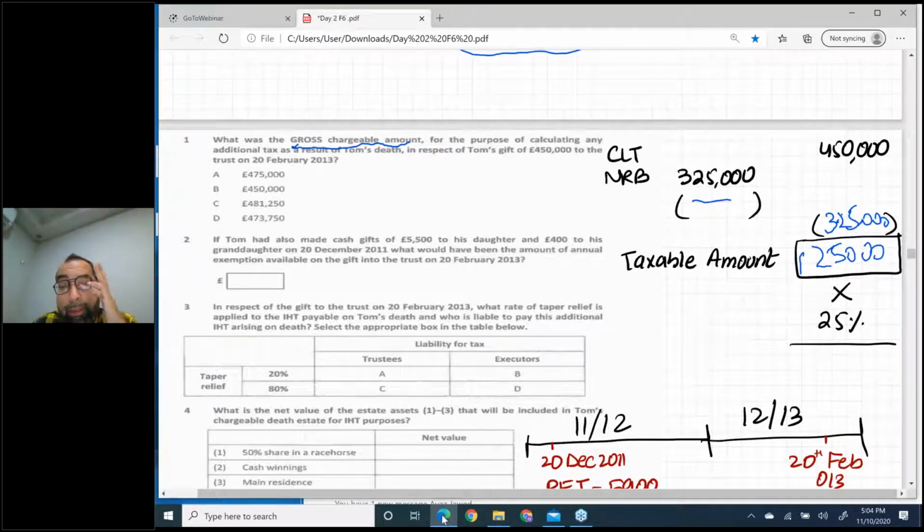Now what's the tax rate on this excess amount? As the donor is paying the first installment, it is 25%. So 125,000 times 25% is 31,250. This is the lifetime IHT on the CLT.